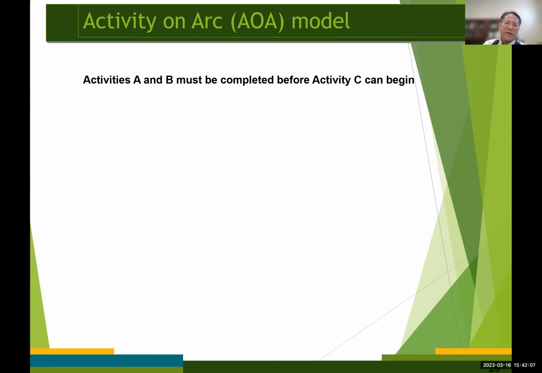Now suppose activities A and B must be completed before activity C can begin. How do you express this relationship using an AOA network diagram?